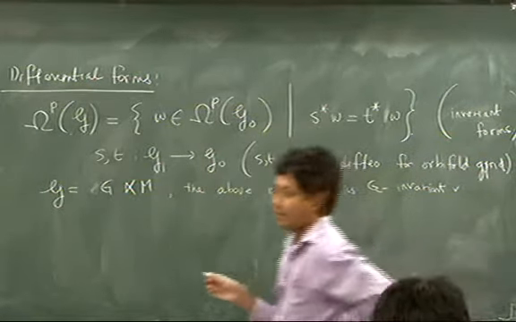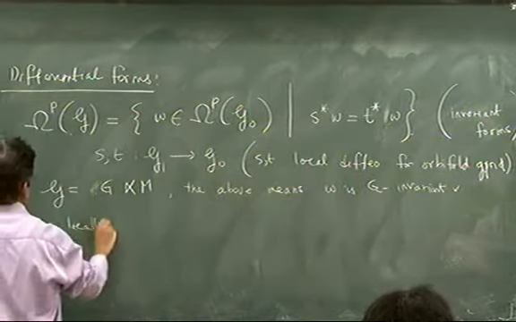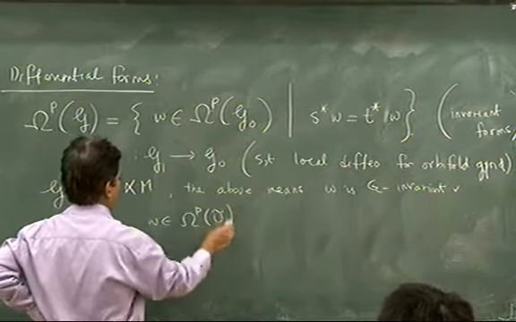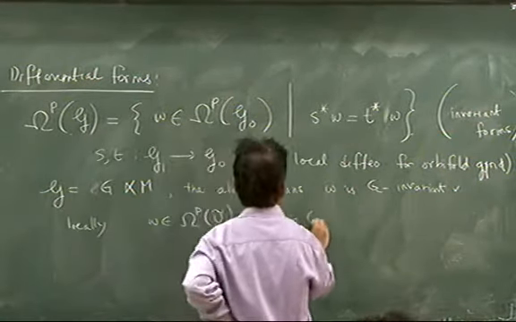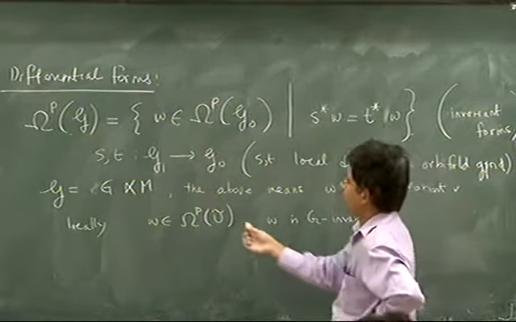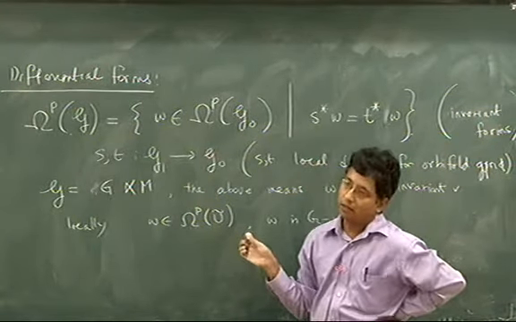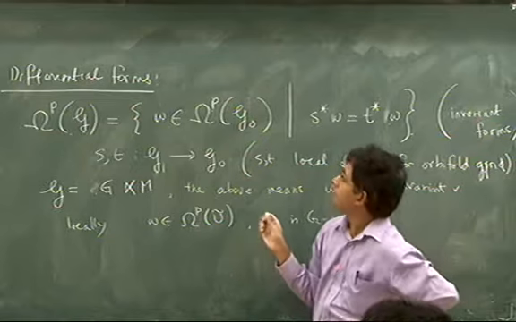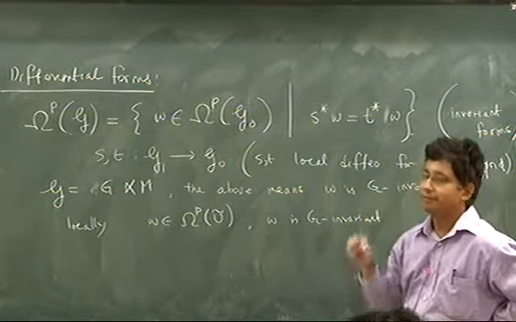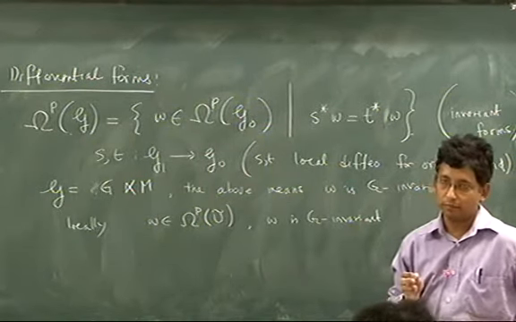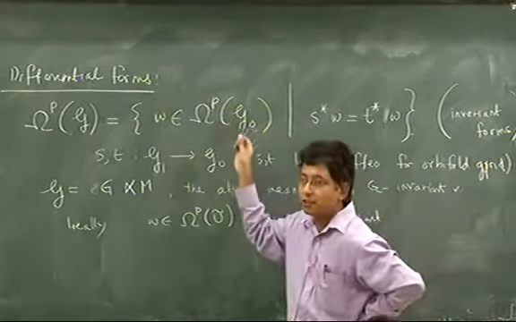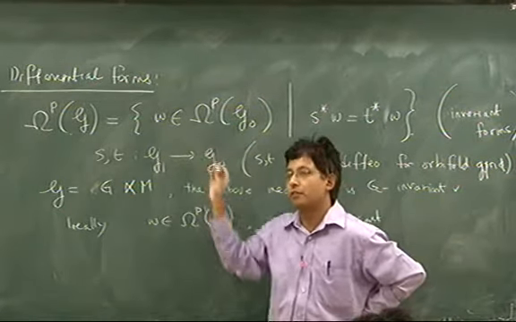So locally, what you have is omega in omega p of U tilde. So you only consider locally defined forms. That's one way you can go. If you think of G naught as the disjoint union of these, then locally this is G invariant.